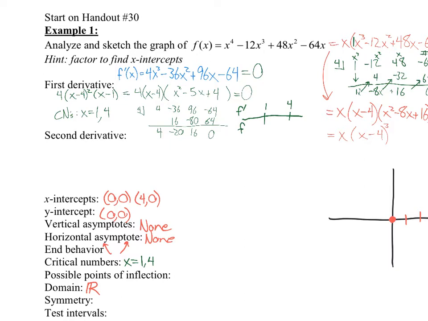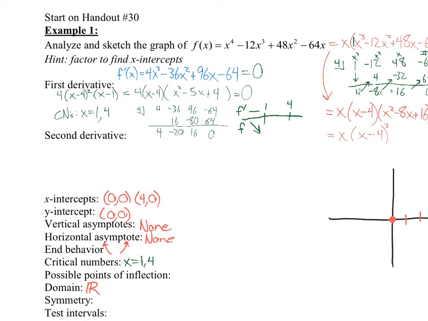So if I plug in a 0 into my first derivative, I get a negative number. So I know that the function was decreasing as I approach 1. If I plug in, say, a 2 between 1 and 4, I have to do a little bit of arithmetic, but I can use the factored form to help me out.